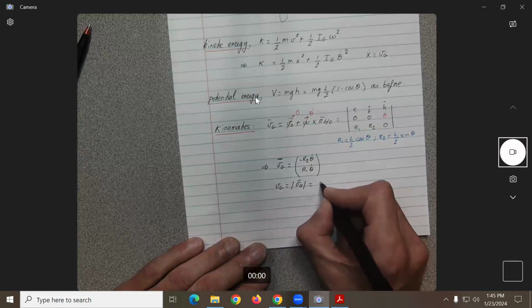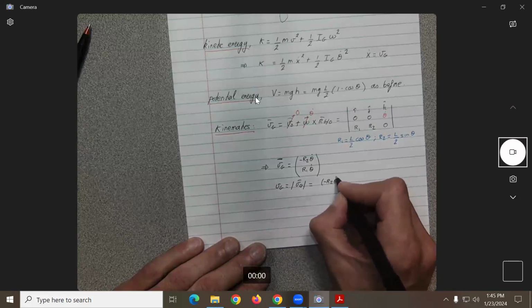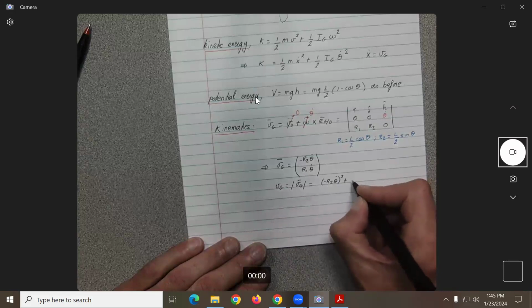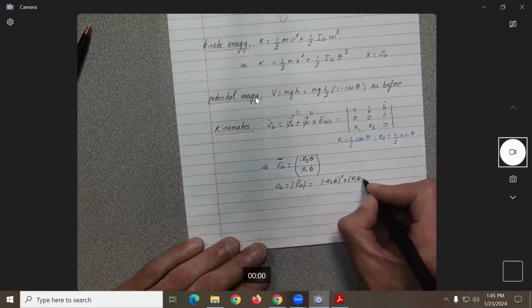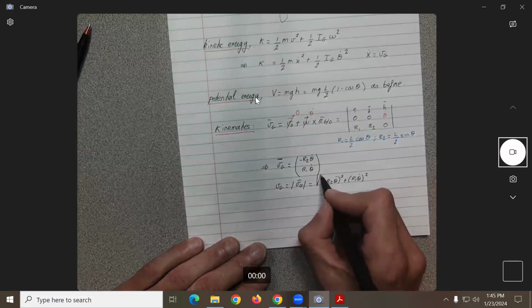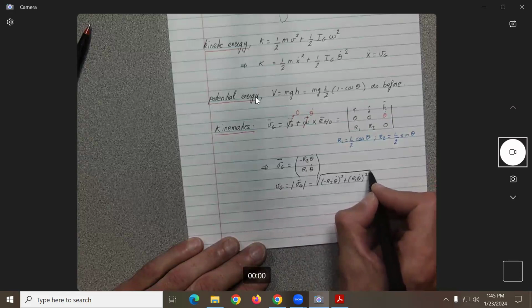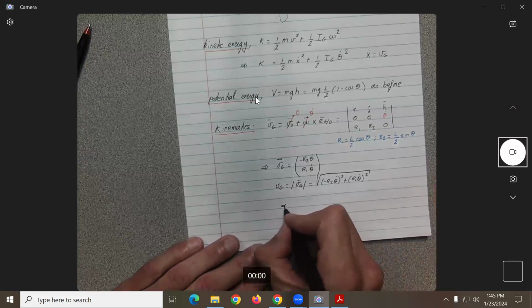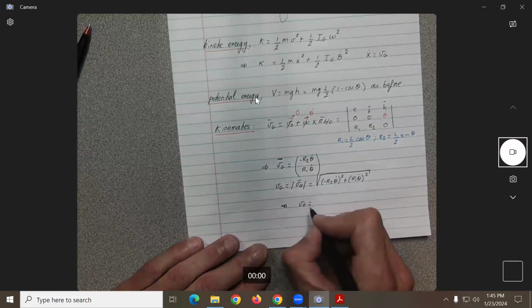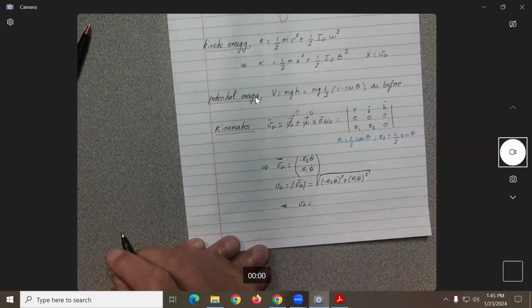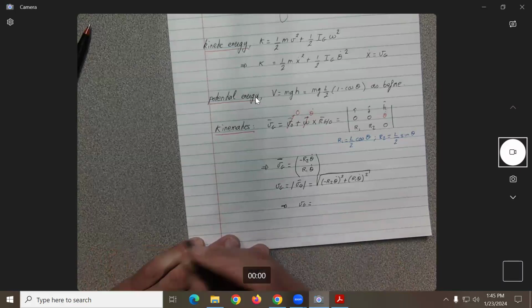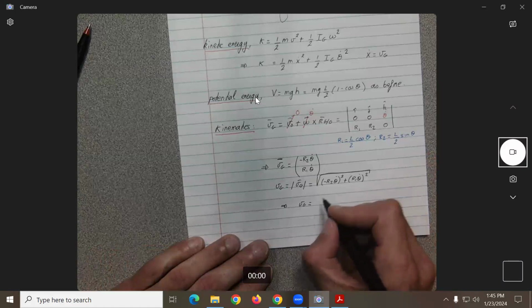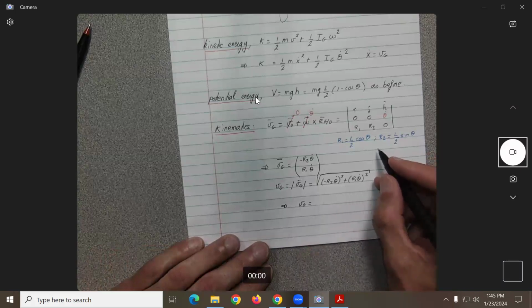That should be equal to the square root of minus R2 theta dot squared plus R1 theta dot squared. So Vg should be equal to what? R1, R2 is L over 2. I should have put L over 2, no?